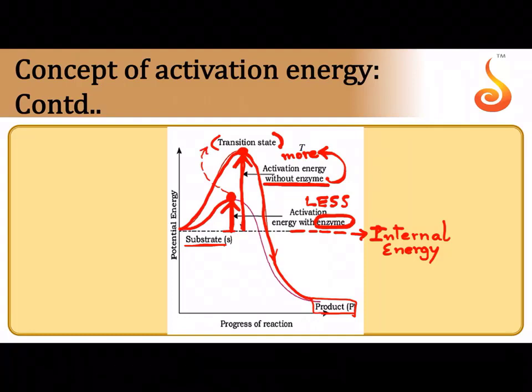It is called the transition state. The push that is required, the input that is required for the substrate to reach the higher energy state is called activation energy. So enzyme lowers the demand for activation energy by whom? By the substrate. The substrate will become less cranky in the presence of enzyme.